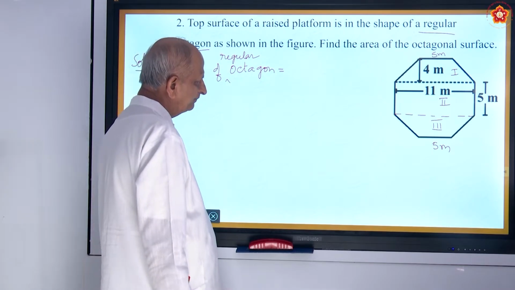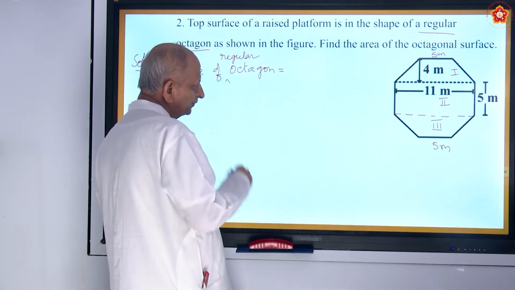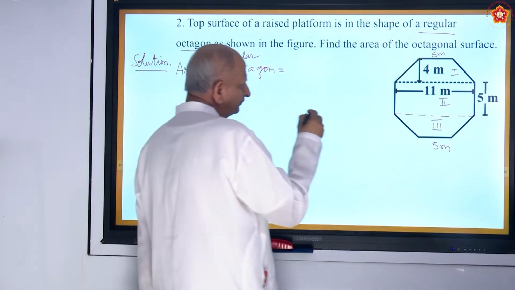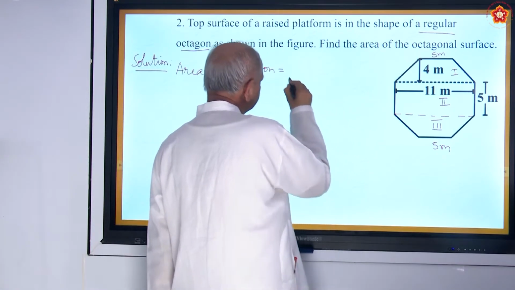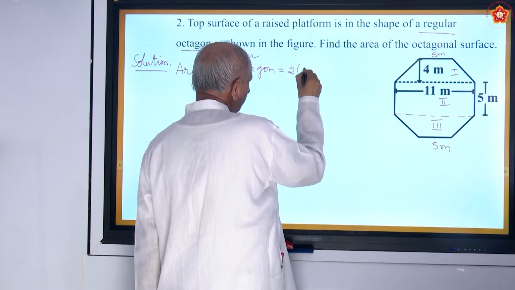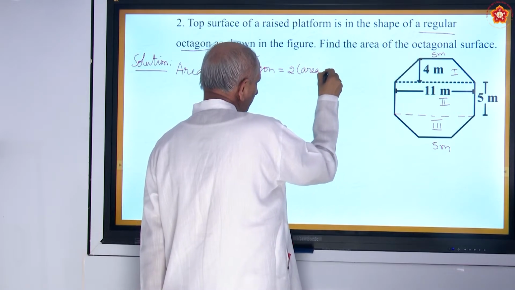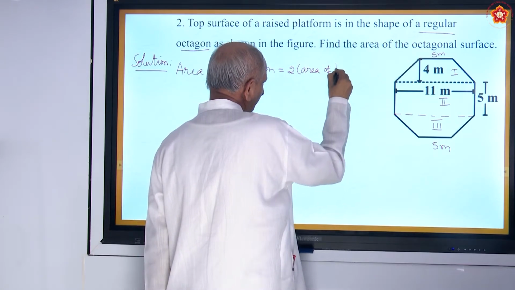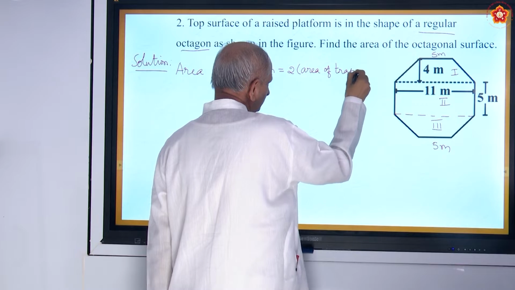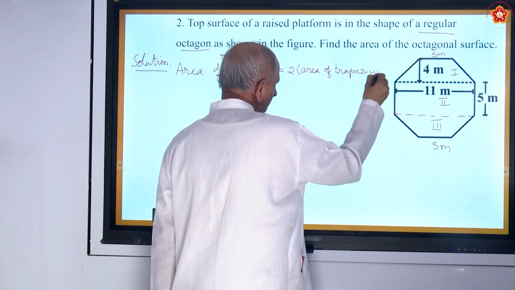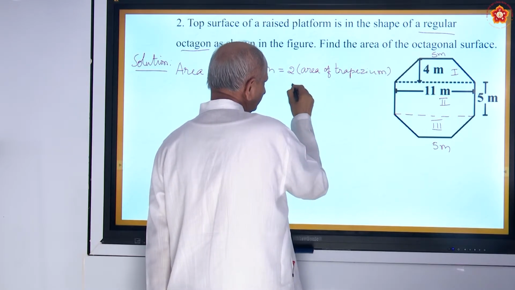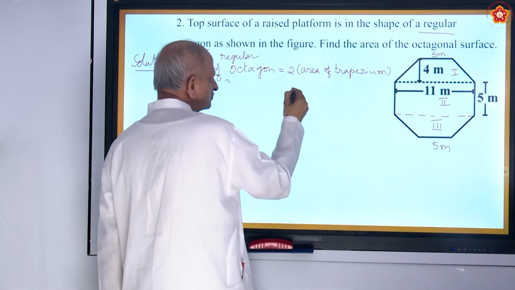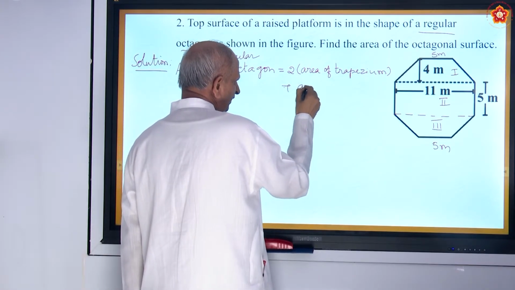And for that, you can say 2 times area of trapezium plus area of rectangle.